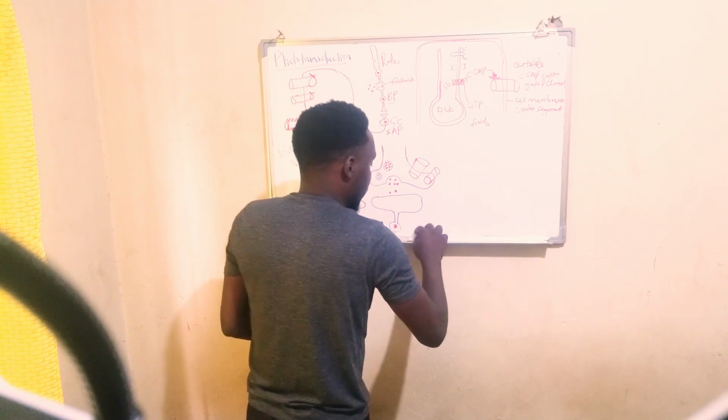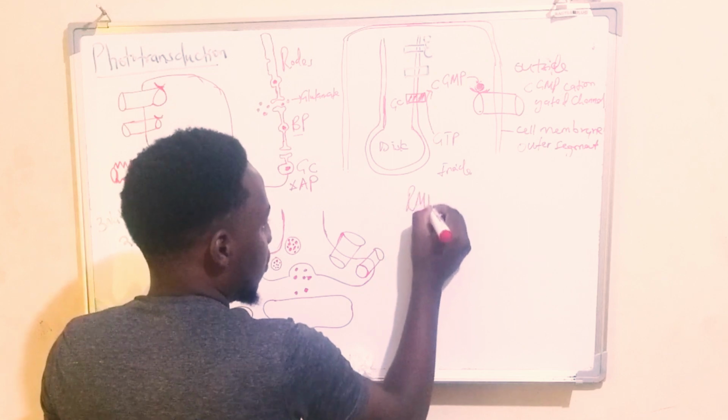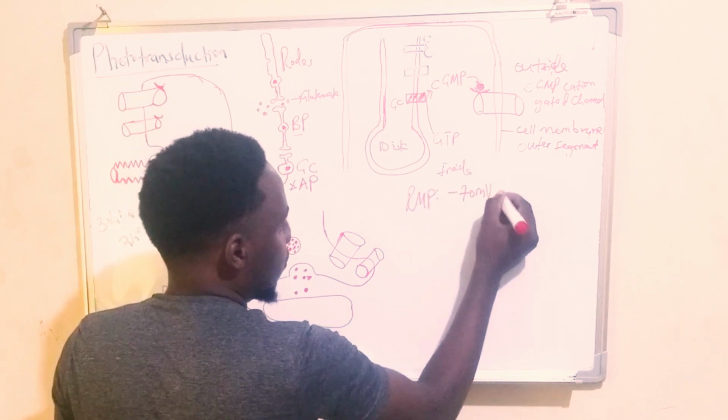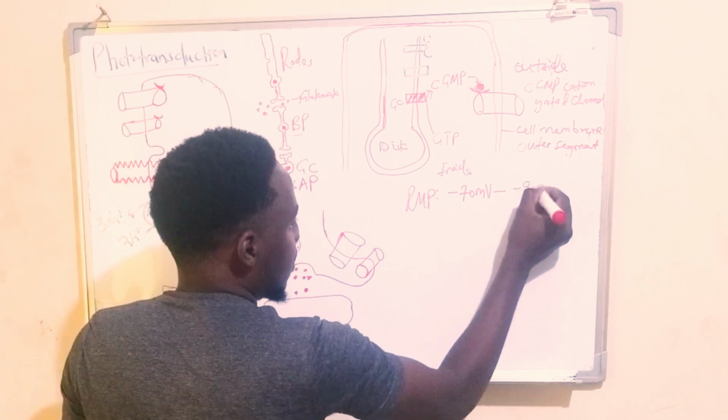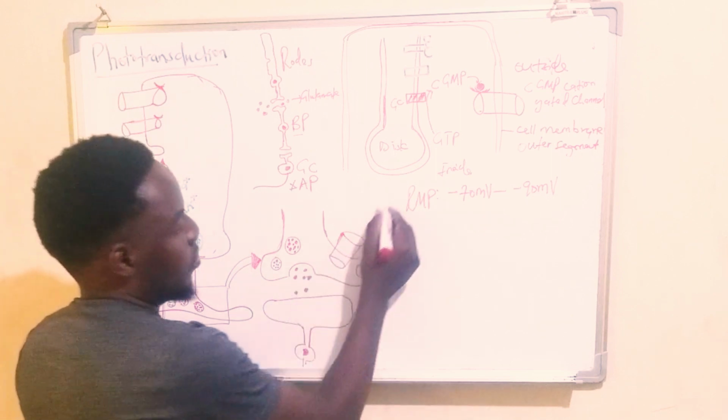In most sensory cells, most sensory receptors, the resting membrane potential is usually in the range of negative 70 millivolts to negative 90 millivolts. However, that is not the case for photoreceptors.